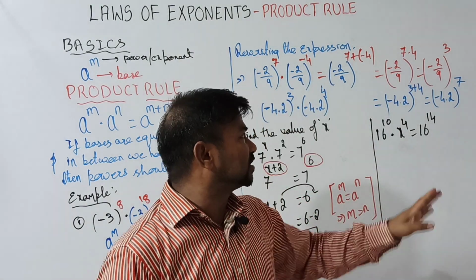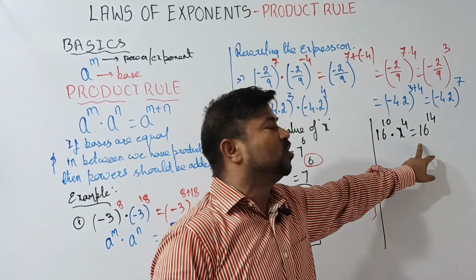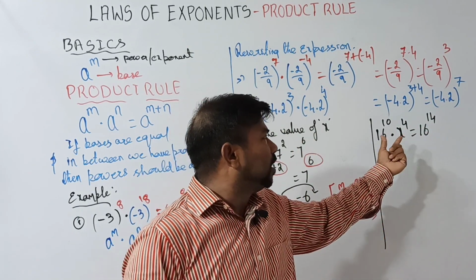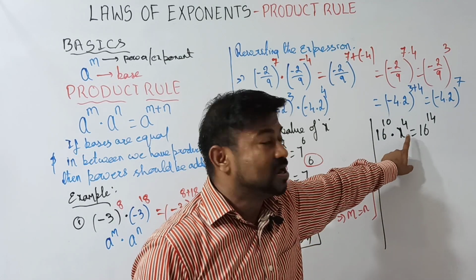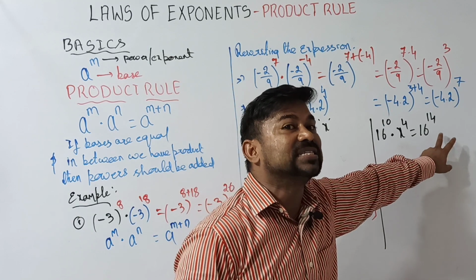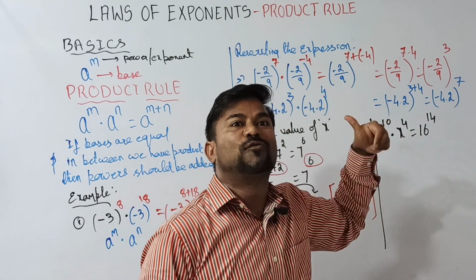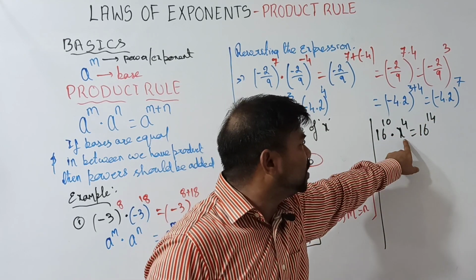If you observe here, the base here is 16. We don't know what the base is there, but on the other side the base is the same, 16. And what is 10 plus 4? 14. So what might this be?